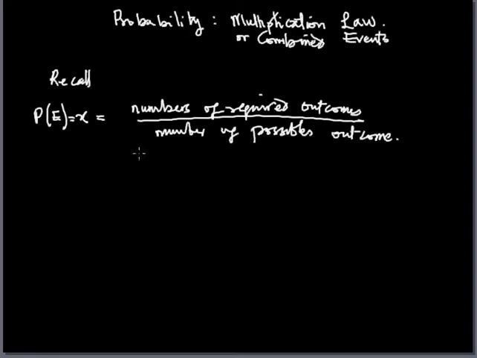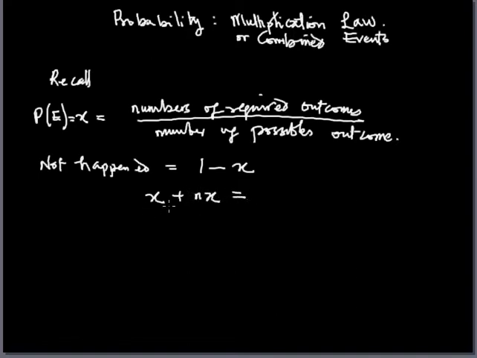We should also recall that the probability that the particular thing will not happen is the same thing as saying 1 minus x. That means the probability of it happening is x, and not happening is nx.